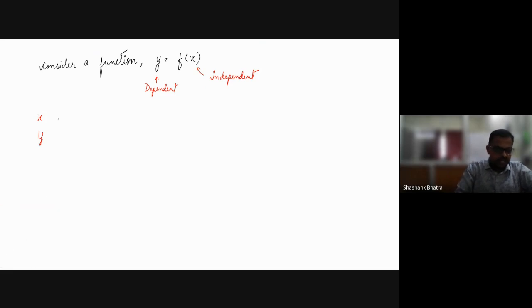They are denoted by x0, y0; for x1 you will have y1; x2, y2; and so on till xn, you will have yn. So how many data points do you have? You have n plus 1 data points.